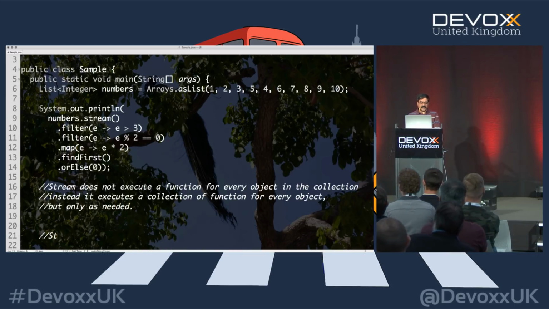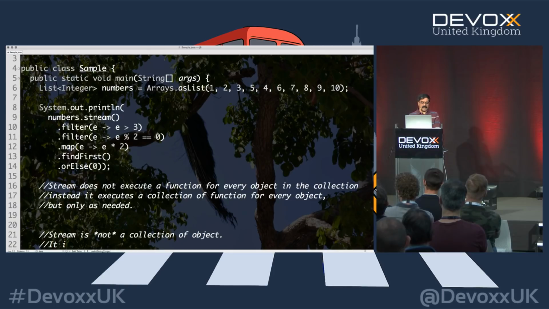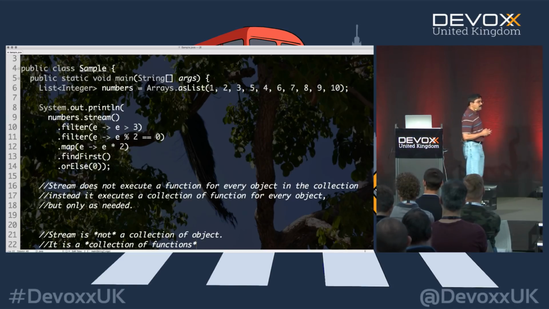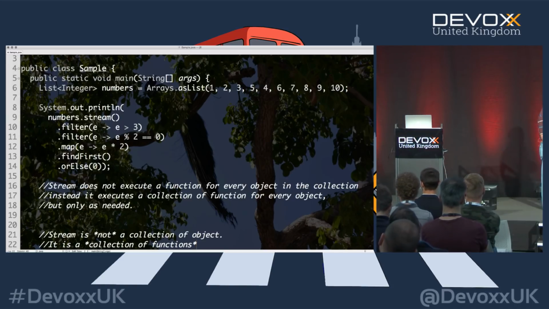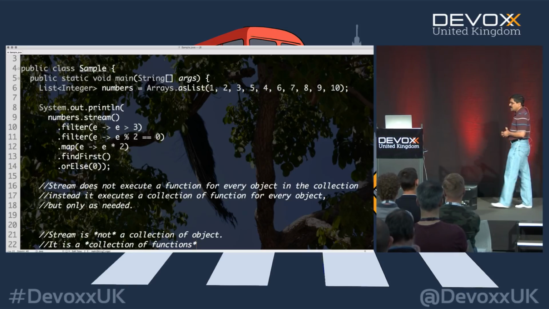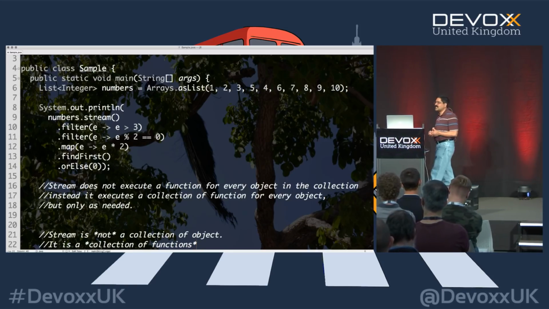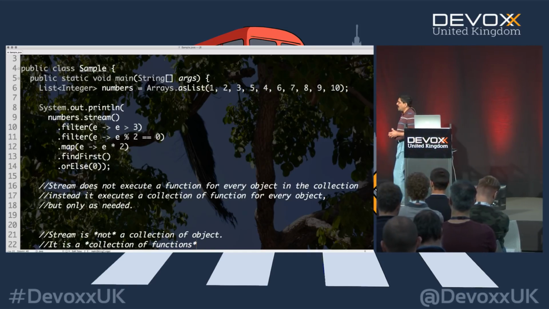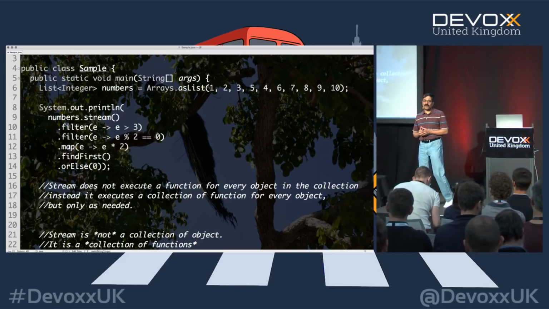So let me emphasize this. Stream is not a collection of objects. It is a collection of functions. That's what it really is. So one of the beautiful things about streams really is, stream does not evaluate a function for every single object. I want you to look at line number 10 for a minute.